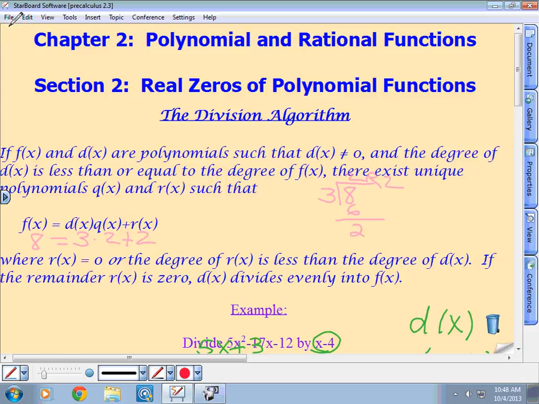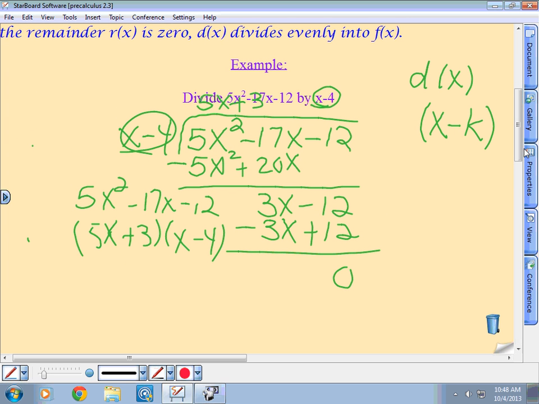This whole thing was 5x squared minus 17x minus 12, and when it says divided by, it was over x minus 4, because that's how we write division. So this is improper because the polynomial on top is a degree higher than or equal to the degree on the bottom. This is a second degree polynomial on the top and a first degree polynomial on the bottom. Because you have a second degree on top of a first degree, that's improper. That's why we're doing the long division. Same thing with this one.